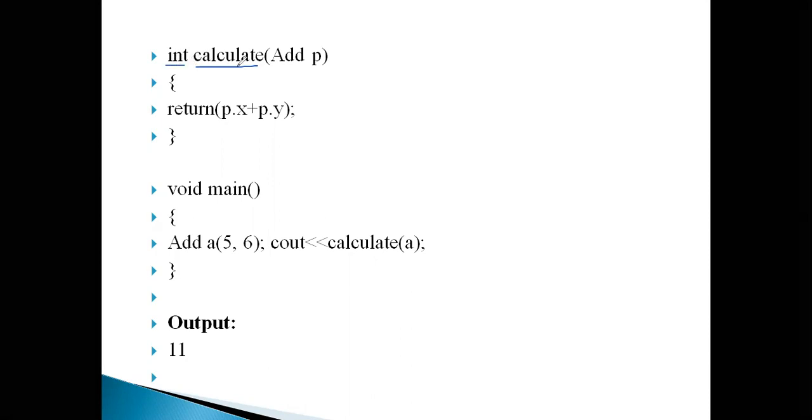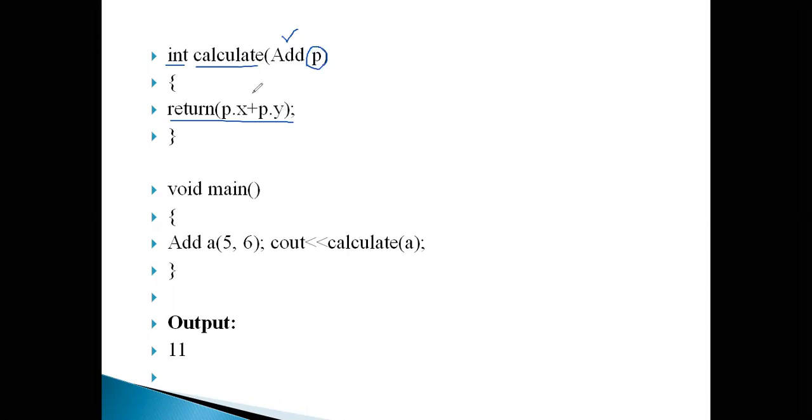So the return type, calculate. p is the object for the class Ash, and in this I specify a statement: return p dot x plus p dot y. Here I am simply adding the x value and y value, where x and y are the private members. I am accessing the private members by means of the object and dot operator. The object here is p, so p dot x plus p dot y.